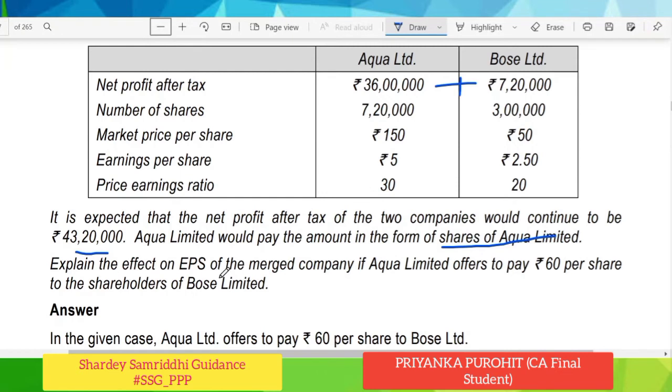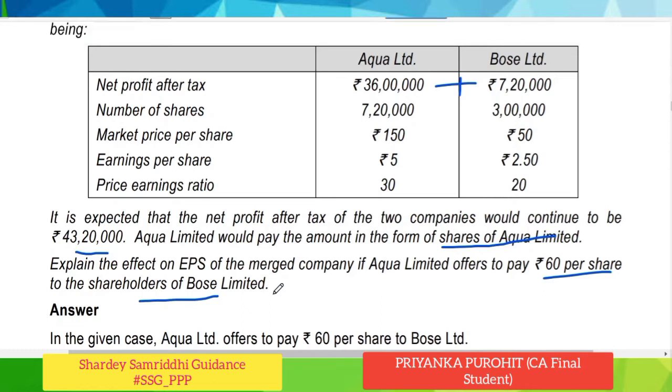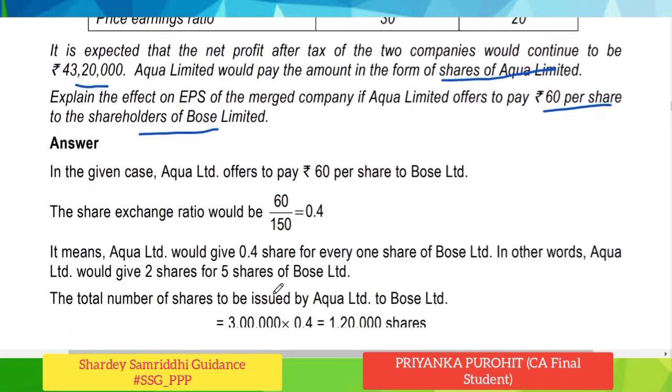Explain the effect on EPS of the merged company if Aqua Limited offers to pay rupees 60 per share to the shareholders of Bose Limited. So this question you might have solved in your SFM also, in the chapter on merger and acquisition. We will see in this case also.